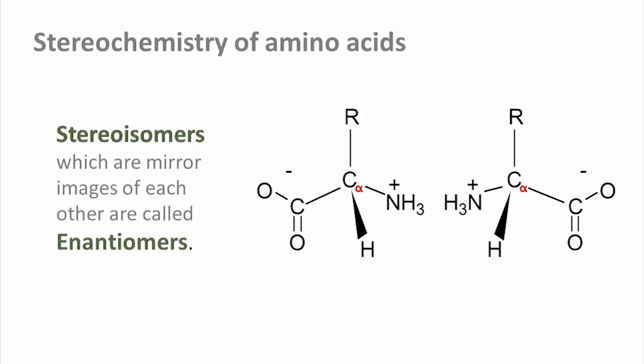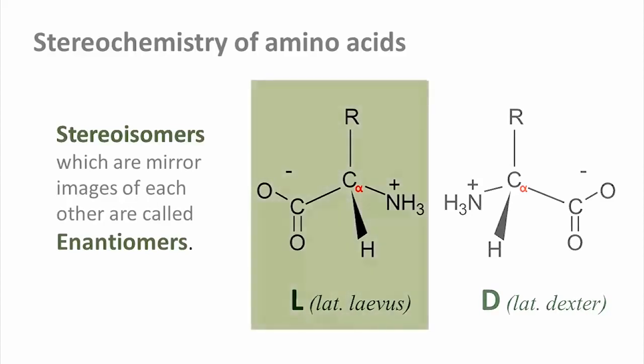There is a naming convention, more or less an arbitrary choice, according to which this isomer is called the L isomer and this one the D isomer, based on the Latin words for left and right. If you synthesize these amino acids in the lab, you get an exactly 1-to-1 mixture of the 2 enantiomers. However, for reasons that nobody has found a satisfactory explanation for, only L amino acids are incorporated into proteins.